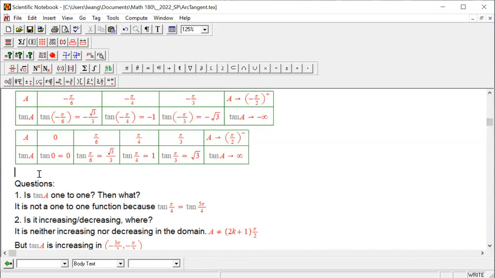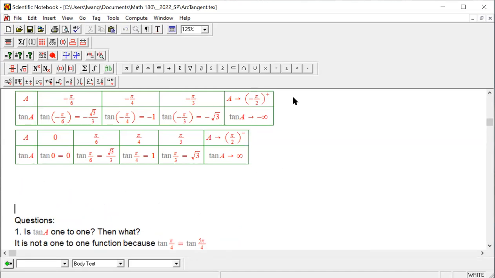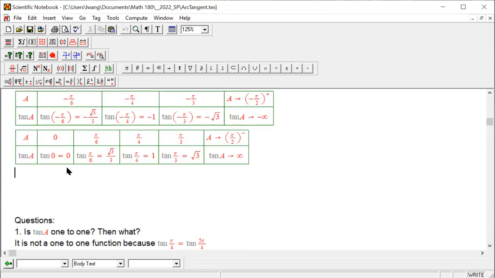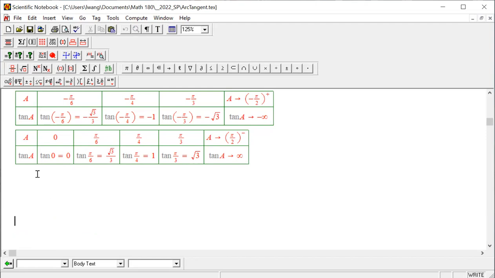We have all of these to take care of. Because we truncated, we only need this piece from smaller than pi over 2, and this piece from larger than negative pi over 2. So we're going to create a table for a very specific tangent function.